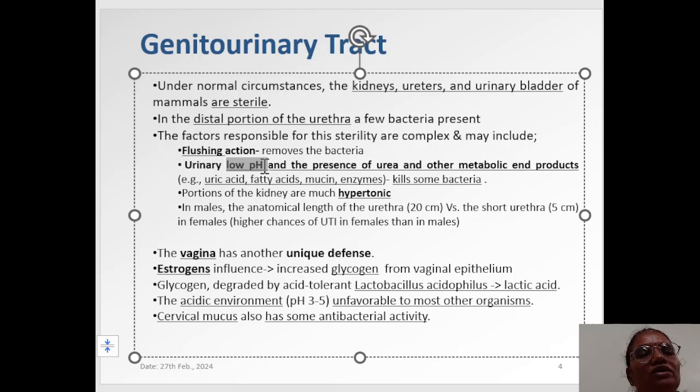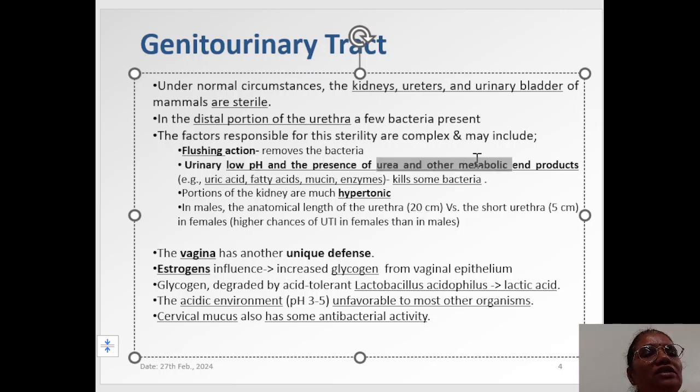the concentrating ability of the tubules will help to maintain a low pH, because of the high amount of organic acids eliminated as metabolic waste from our body, and the concentrating ability of the urinary tubules will help to maintain the urine hypertonic. Both these conditions are found to be inhibitory for microbial growth in this area.